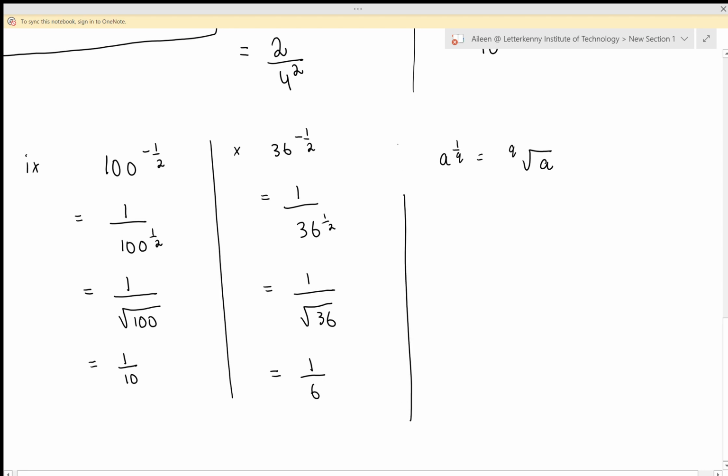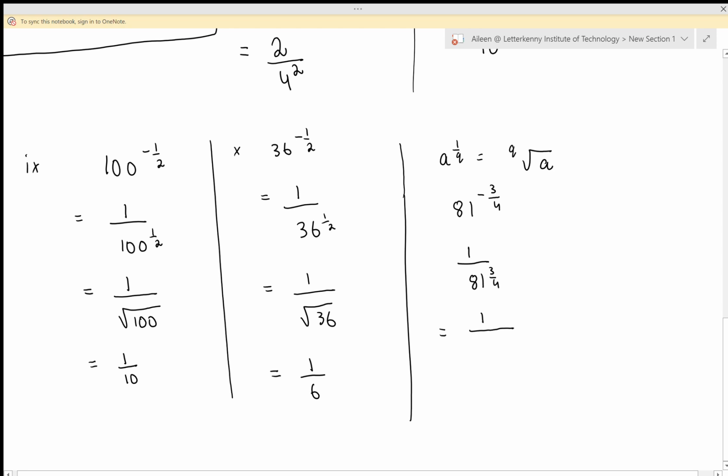Let's try another one. 81 to the power of minus 3 over 4. This becomes 1 over 81 to the power of 3 over 4. So first convert it into a positive exponent.